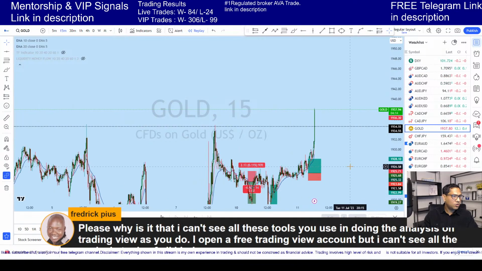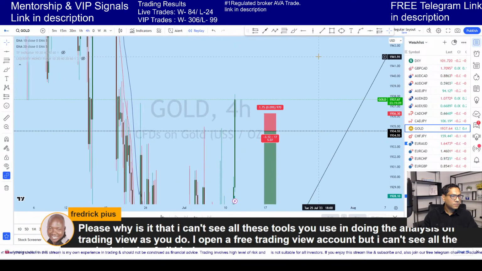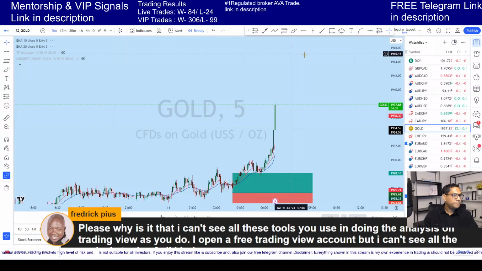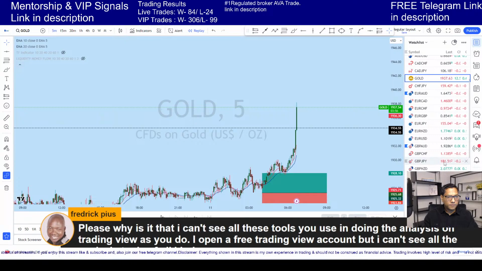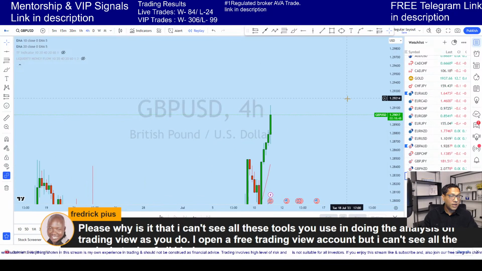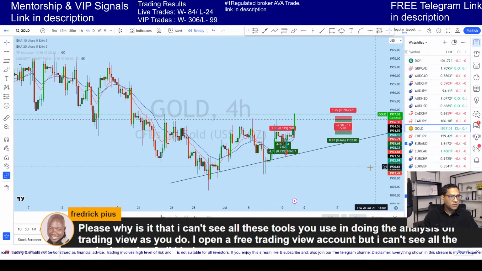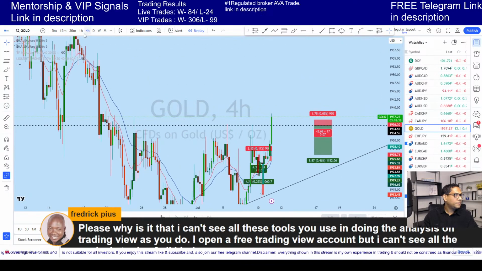You see that gold has broken all this resistance level. Let me see how it is impacting the GBPUSD. Just with the strengthening of gold, I think the GBPUSD is also heading in the same direction. So you saw that there is a massive bullish move on gold.